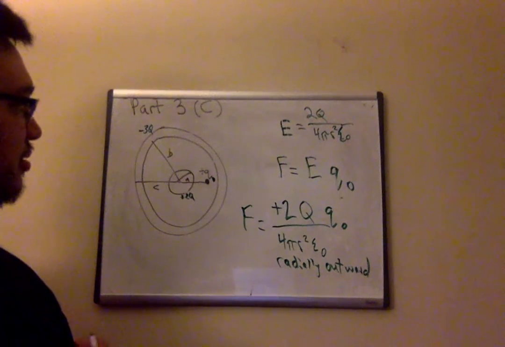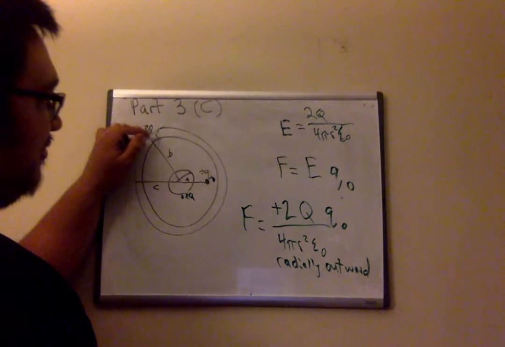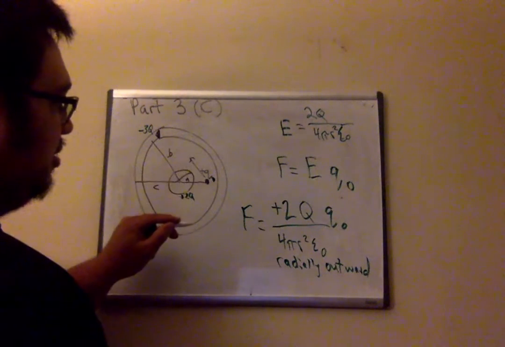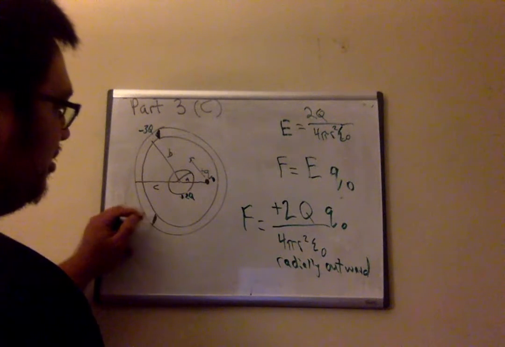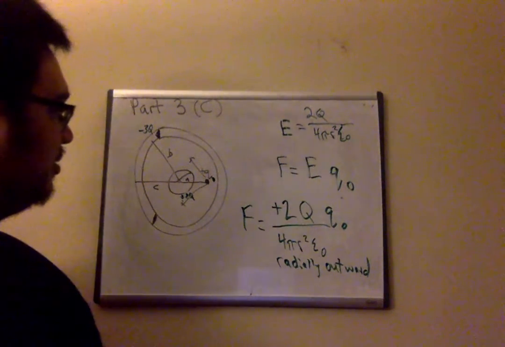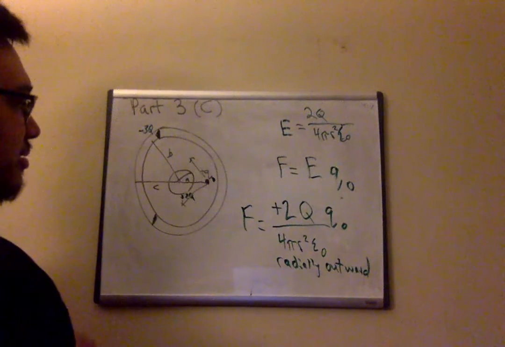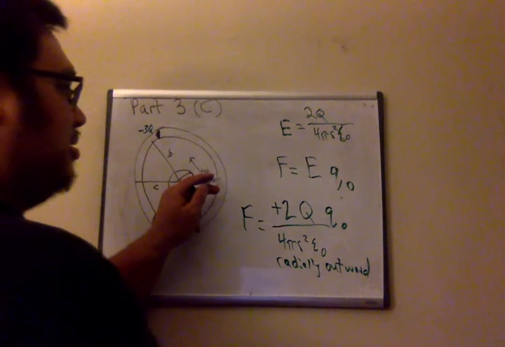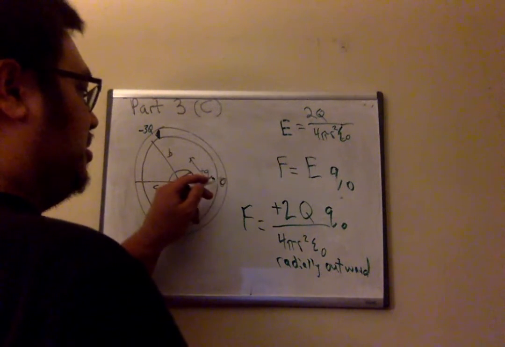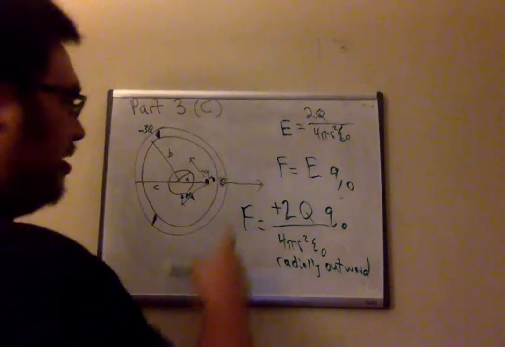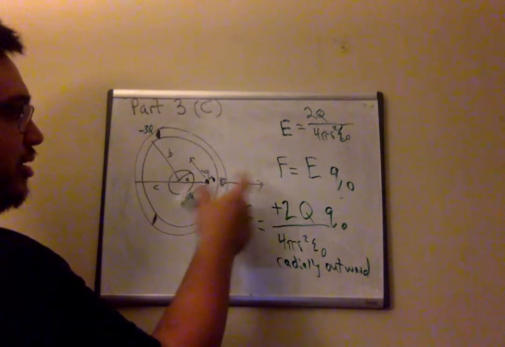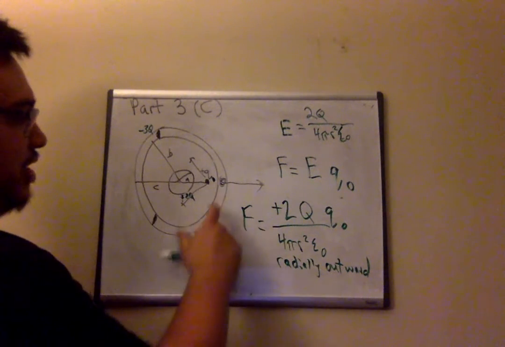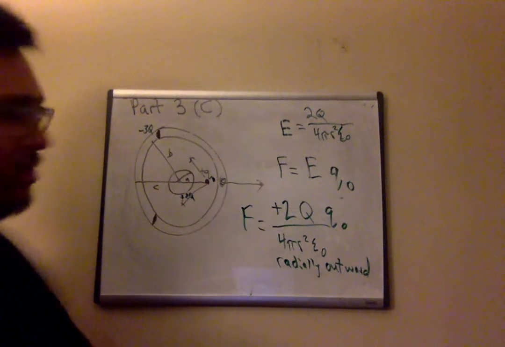From this portion of the ring, we would get a force pulling it this way, but over here, we get a force pulling it this way. Those forces would cancel out. Now, you would say the X components would pull it that way. But notice that we have a portion of the ring here that would pull it this way, and it's closer, so it would be stronger. We would get that around the ring, and so the outer shell has no effect.